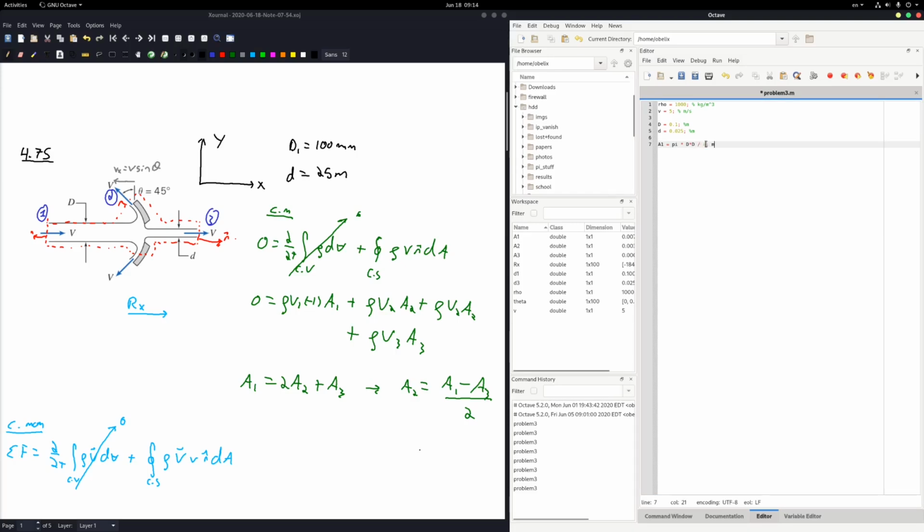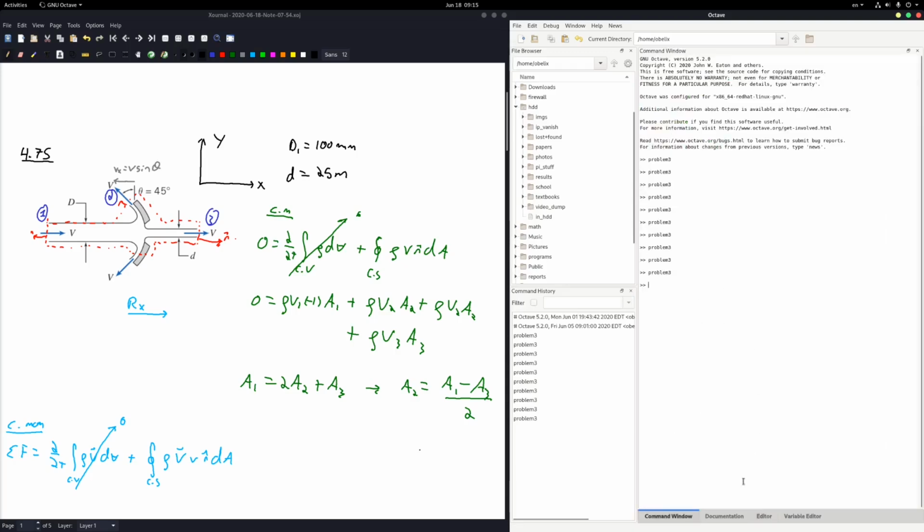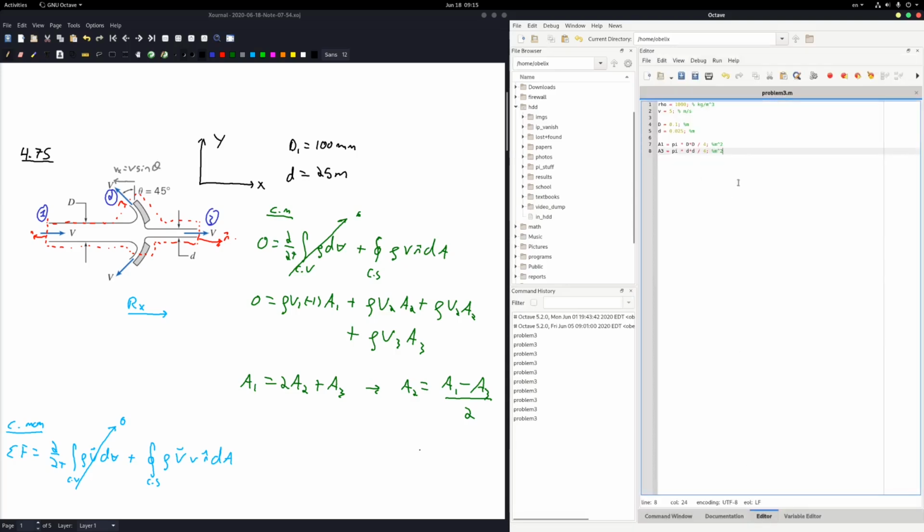So this will be in meters squared. And then for the area 3, right here, we just change the diameter. If we run it, actually I'll just clear this. So if we run it, nothing should come out. All right, that's because we commented out everything.